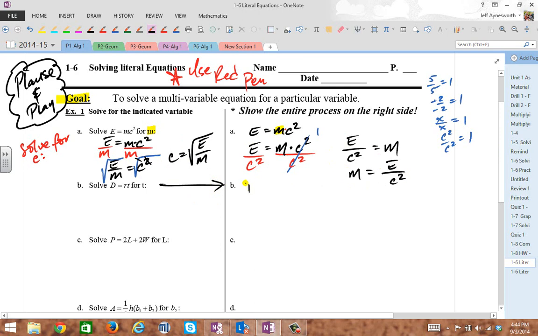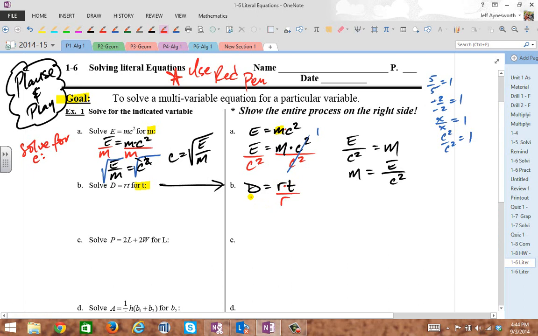Let's take the second equation, d equals rt, the famous distance equals rate times time equation. We understand that distance equals rate times the time. And up here, we need to solve for t. And t right now is being multiplied by r. So what we want to do is the inverse here.